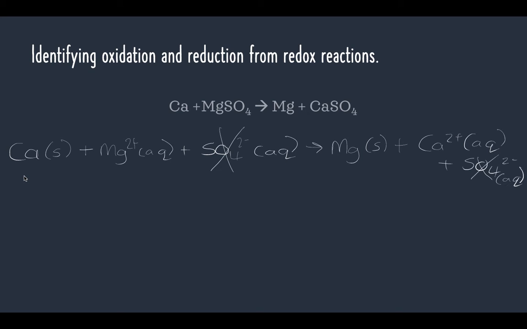So what is happening here is that calcium is becoming calcium 2+ ions. This would be our oxidation, since in order to form an ion, calcium must lose electrons.